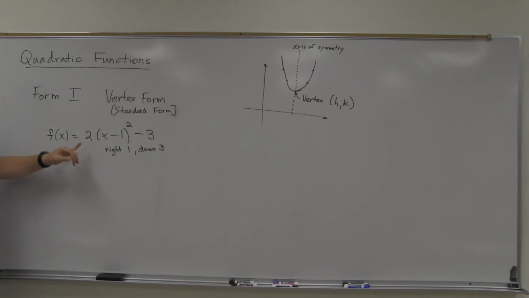We didn't talk about it a whole lot, but we did a little bit. Remember the 2 in the front, that doesn't shift it right, left, up or down. Remember what that does? It stretches it. For parabolas, if you stretch it by a factor of 2, that's going to make it narrower. So this is going to be a narrower graph.